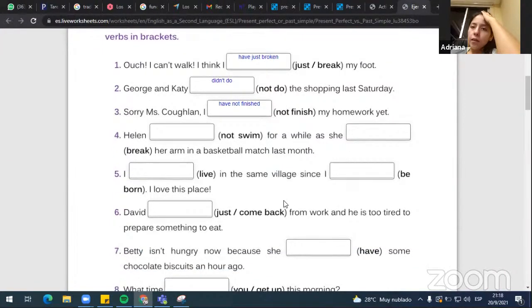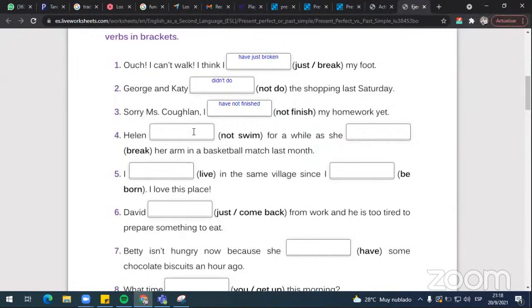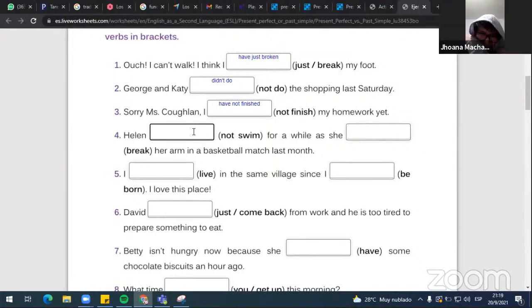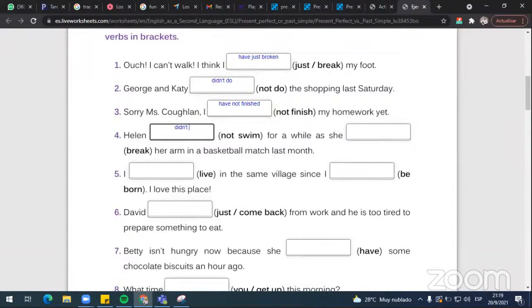Joanna or Gilbert, number 4. What is it? Is it present perfect or past simple? Past simple. Helen didn't swim for a while as she broke. Pero creo que es el segundo verbo.